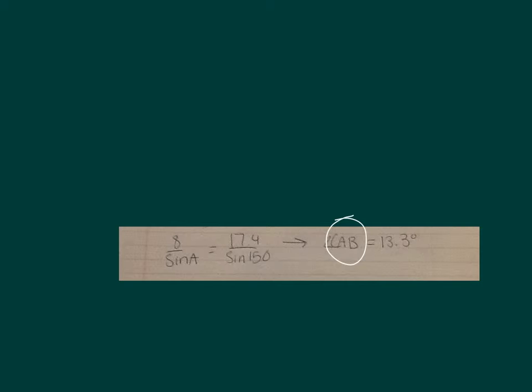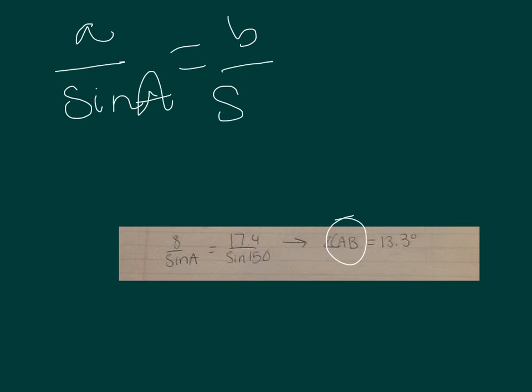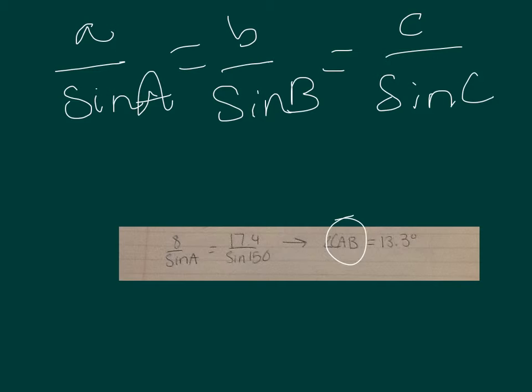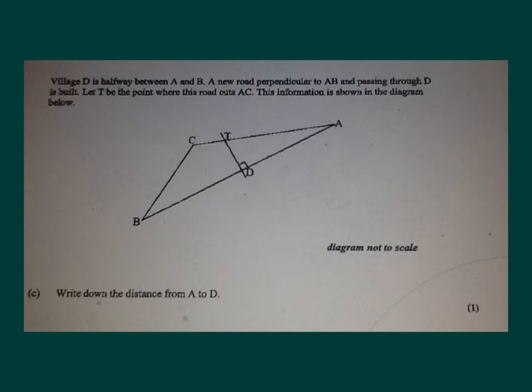The law of sines says that little a over sine A equals little b over sine B equals c over sine C, etc. So now I know that 8, which would be little a, over sine A equals 17.4, which would be little b, over sine 150, which is sine B. So we'll put that into the calculator, and we get 8 times sine 150 divided by 17.4 equals 13.3, and that is angle CAB.